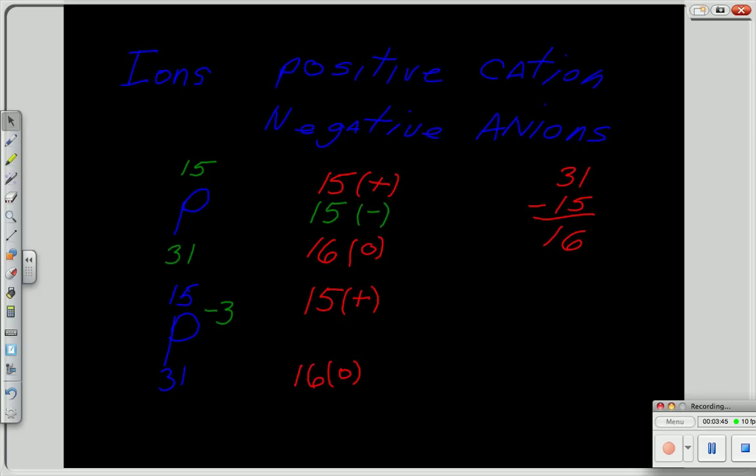So where this negative 3 comes from is the net charge of the atom has changed by 3 negative charges, which means it gets 3 extra electrons. So whereas I had 15 electrons when it was neutral, I now have to add 3 more electrons to it, and that's going to give me a total of 18 electrons.